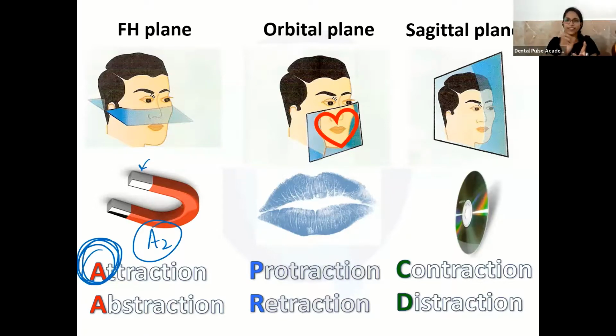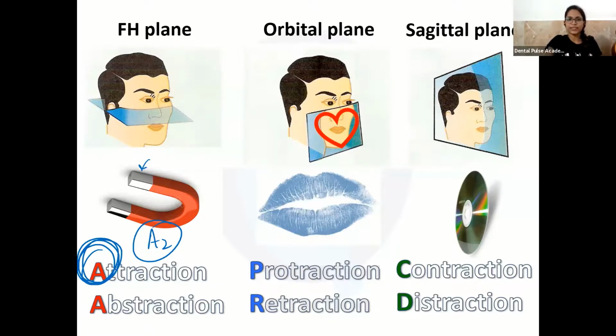So you need to remember PR, that is personal relationship. So PR is for protraction and retraction. What will happen in protraction? Things will go outside. What will happen in retraction? Things will go backwards. Okay, so remember PR from the lips. This is just a funny way of remembering.